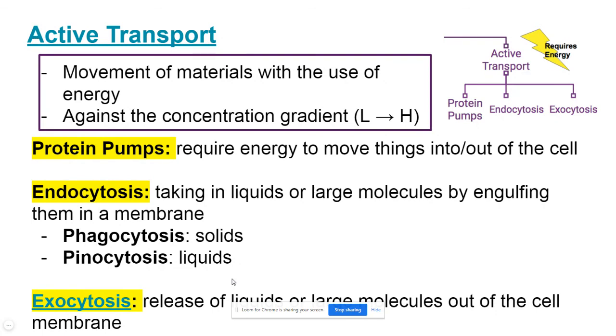Exocytosis is still a form of active transport because the cell is moving things against the gradient, and specifically, it is moving things out of the cell. These things will usually be either large solids or large liquid materials.